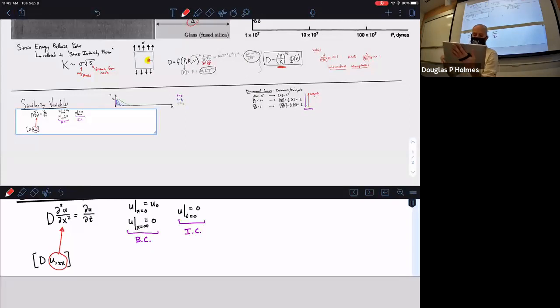So partial x, twice. This must equal U comma t. Terrible t.